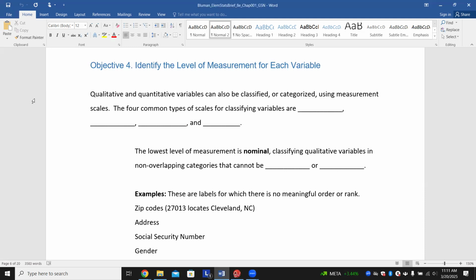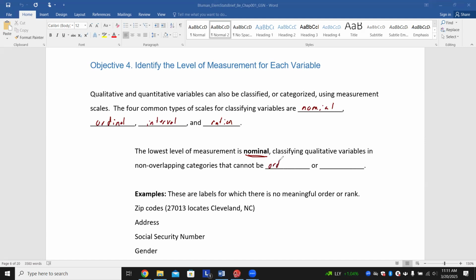The 4 common types of scales for classifying variables are, and these are very important, you need to know that you have what we call nominal, ordinal, interval, and ratio.